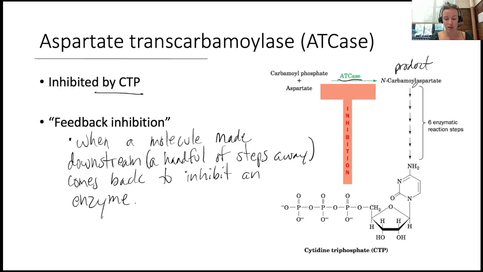But this product, if you take it down through 6 additional enzymatic steps performed by different enzymes, will eventually become CTP. So CTP is a feedback inhibitor because it's made in the same pathway that this enzyme ATCase exists in, but it is not the product of ATCase. It is a product of the pathway.